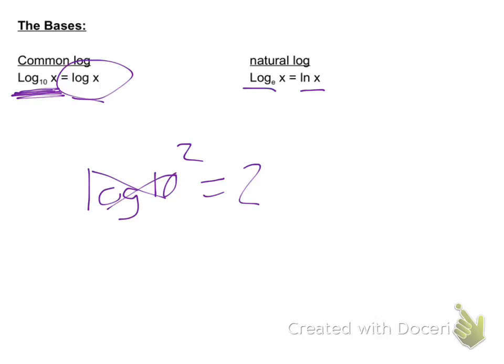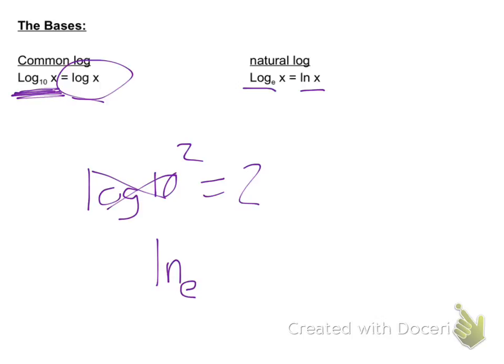That's ln. It's a lowercase l and a lowercase n. Just ln of x. And when you see ln of x, it's called natural log. So we got log of x, and you got natural log of x. Log of x, base 10. Natural log, base e.